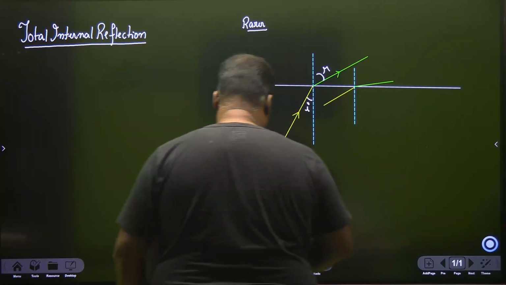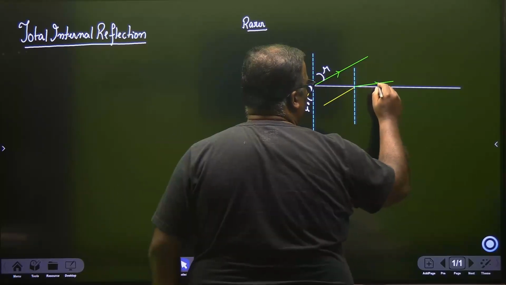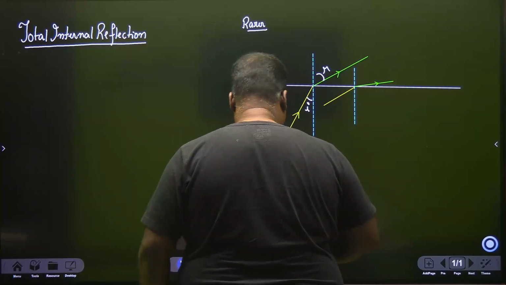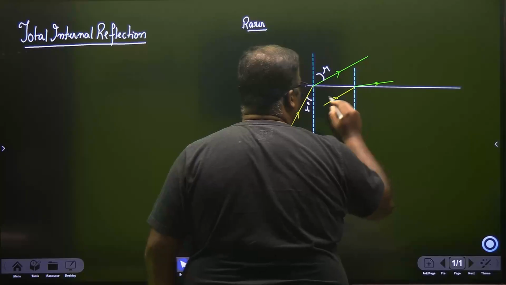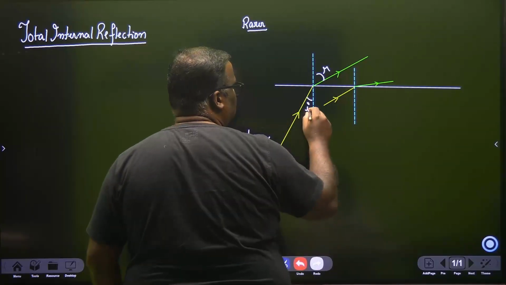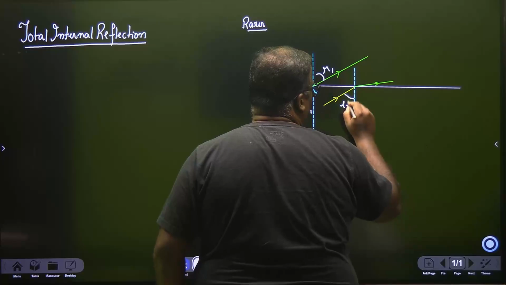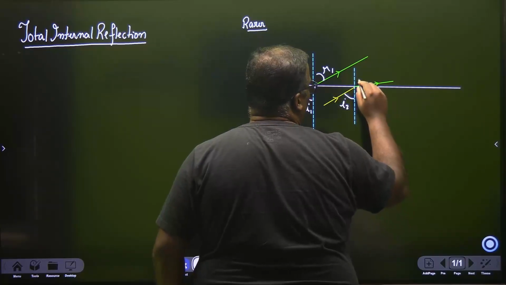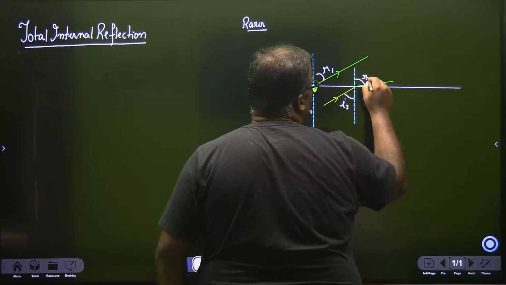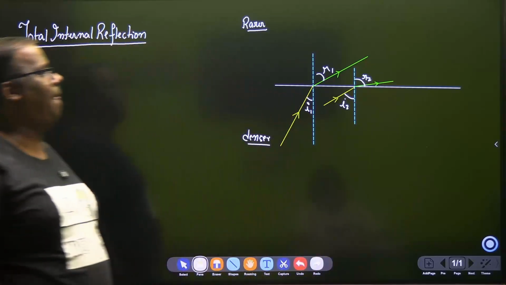Something like this. Tell me, is there anything difficult in understanding this part? No, right? So if I write this as I1, R1, and I'm taking now I2, where I2 is now greater than I1, and I see R2 has also become greater than R1.